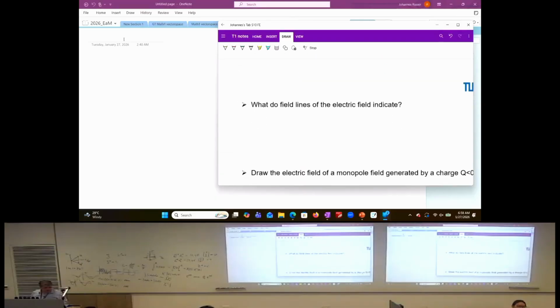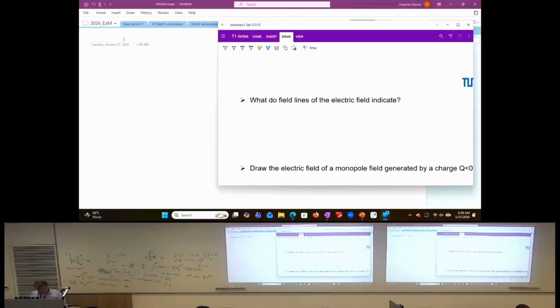So what do the field lines of the electric field indicate? Well, the electric field lines in the end indicate the direction in which the positive charge is moving. And the more dense, the stronger the electric field. That is the visualization we have chosen, and the density as we plot them corresponds to the strength of the electric field.